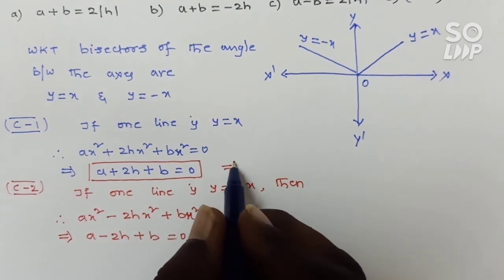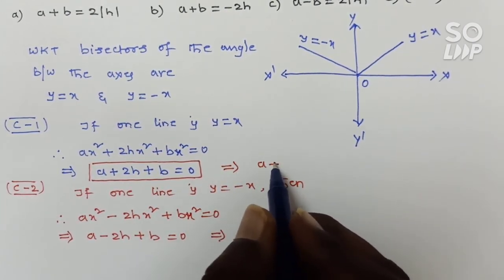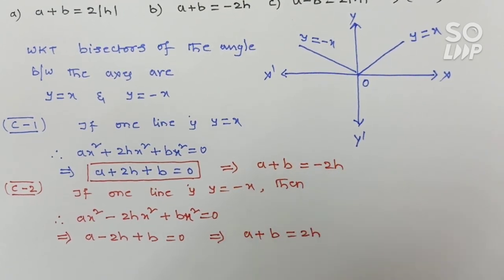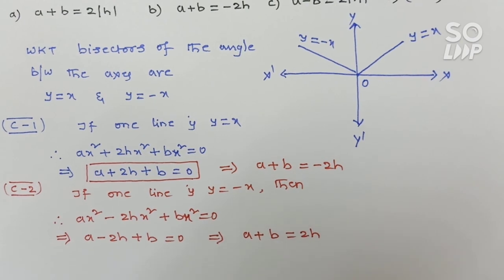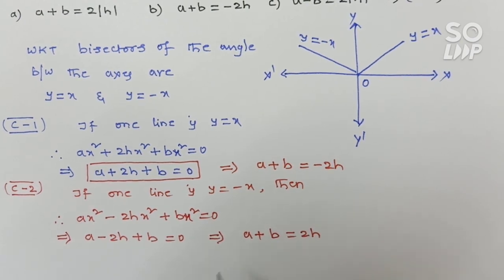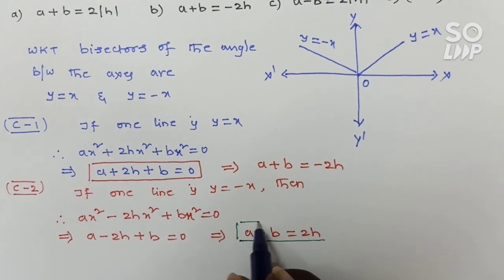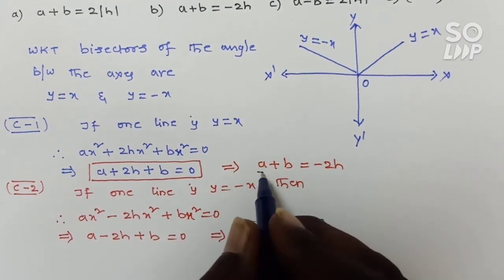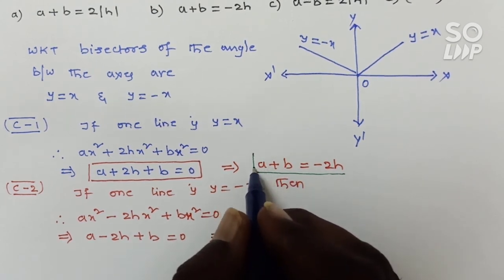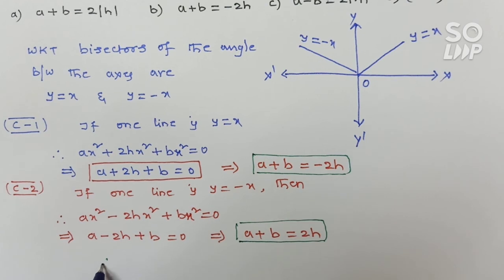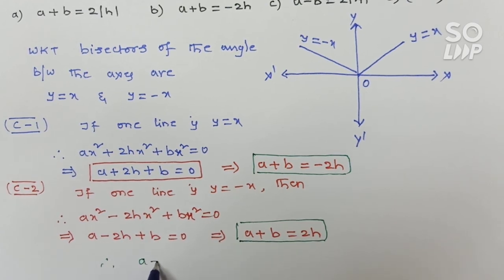Now in the above relation you can write that a plus b is equal to minus 2h. From these two results, a plus b is equal to 2h and a plus b is equal to minus 2h. Therefore a plus b is equal to plus or minus 2h.